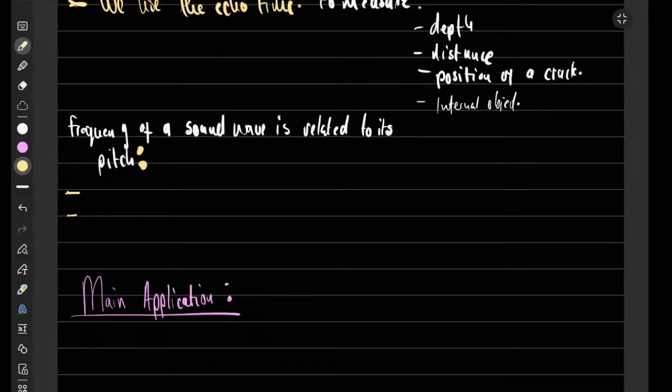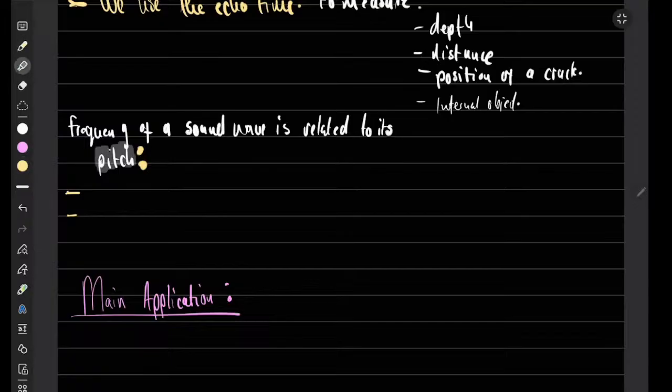Meow! Meow! That's a high pitch. Or male voices are low pitch voices. Female voices are high pitch. So pitch is how we as human beings understand frequency. So frequency of sound is related to its pitch.